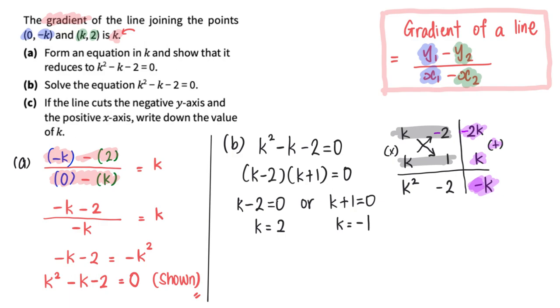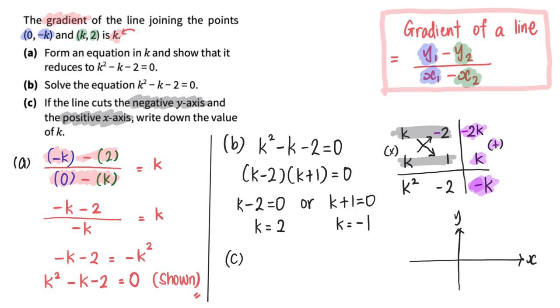And for part C, the last part to this question, the question lets us know that the line cuts the negative y-axis and the positive x-axis. So this one will require me to do some drawing at the side here, where I have my y-axis and my x-axis.